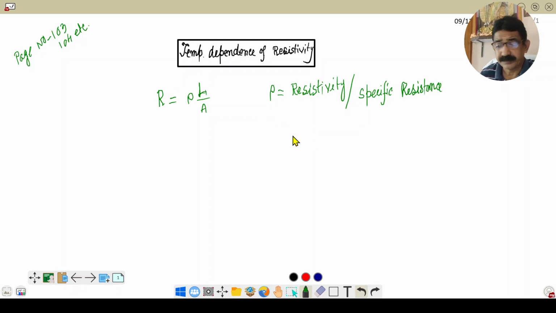Now, suppose the temperature of the conductor is capital T. We are considering a conductor like this.